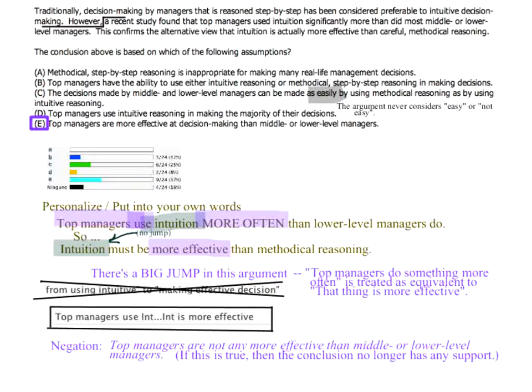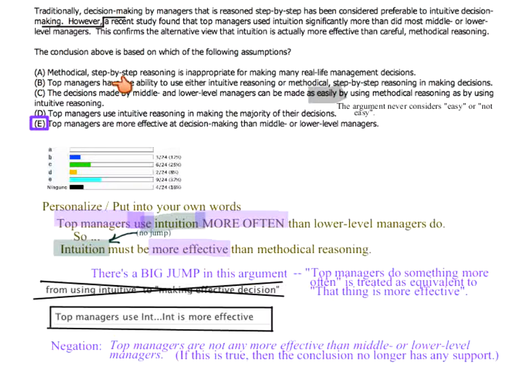And then as far as B goes, B basically says that they have a choice between the two. What's interesting here is they don't necessarily have to have a choice. Let's try negating choice B. If you make a negation of choice B, it basically says that top managers don't have a choice in when to do these things. So they have to use intuition when they have to, and they have to use methodical reasoning when that's necessary.